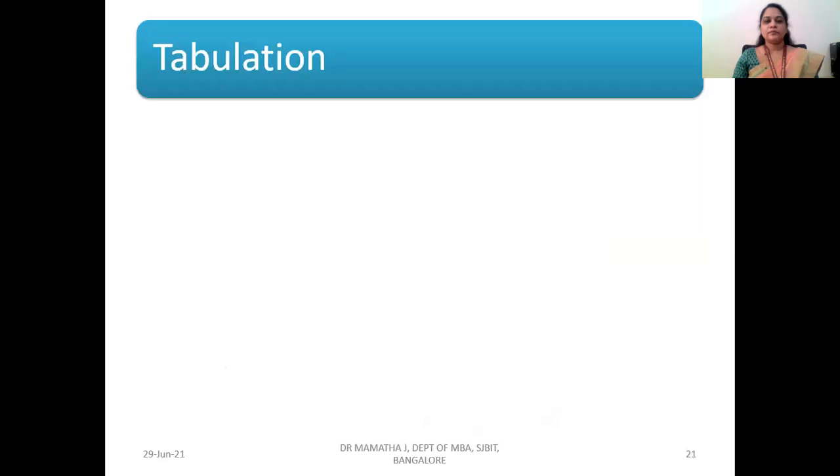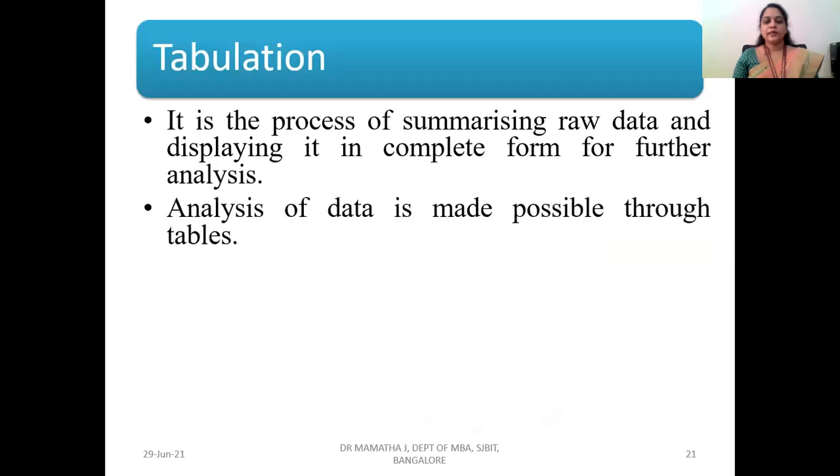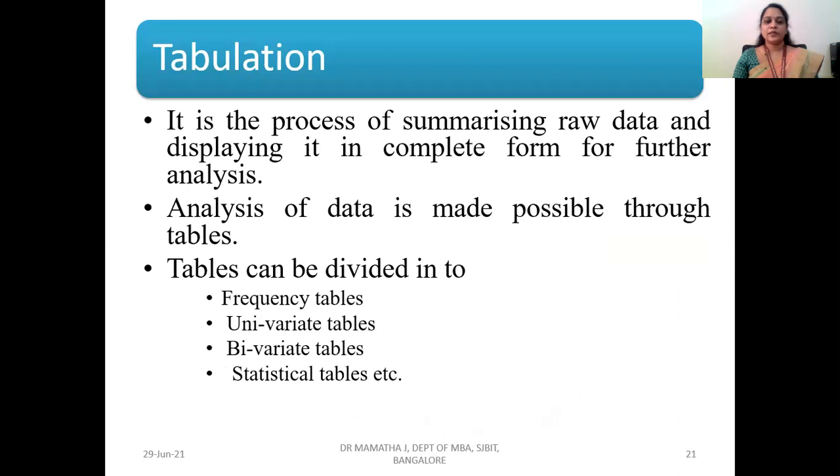Then tabulation. Once the data is classified, it is ready to be put in the form of a table. This helps in data analysis and makes the analysis part very easy. Tabulation is a process of summarizing the raw data and displaying it in a complete form for further analysis.